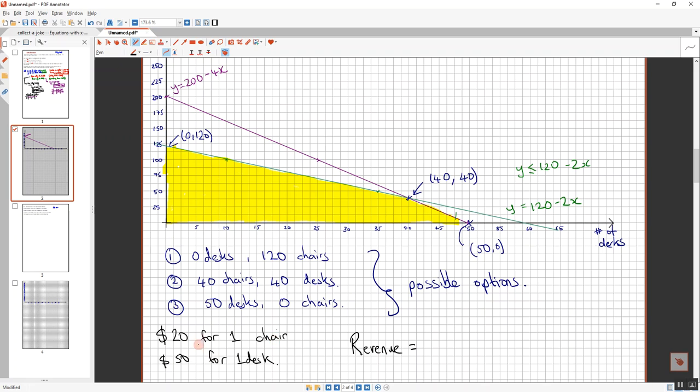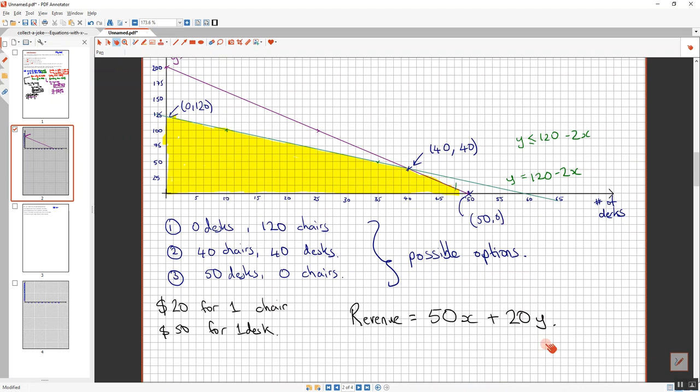So R equals 20y plus 50x. It's $50 for a desk. So this is our equation for our revenue.